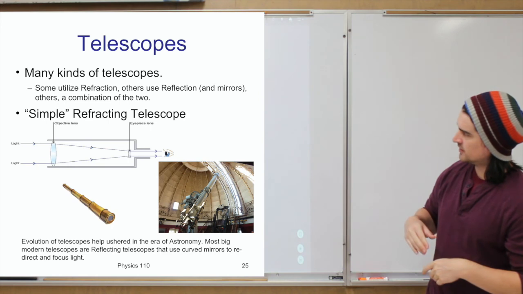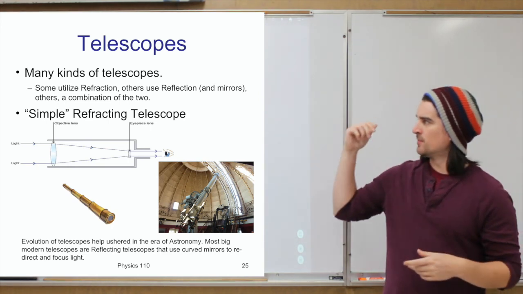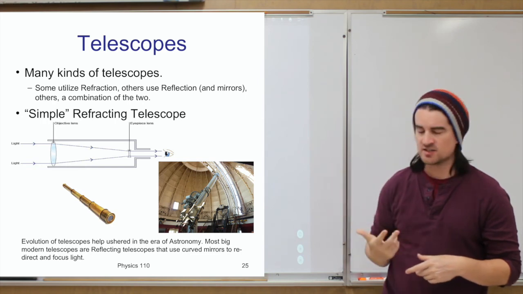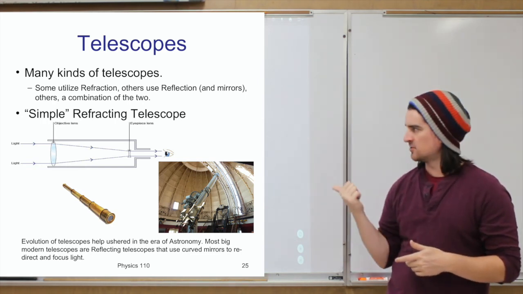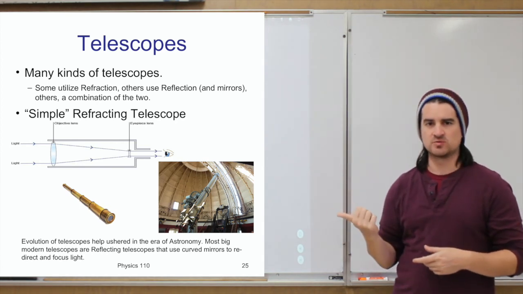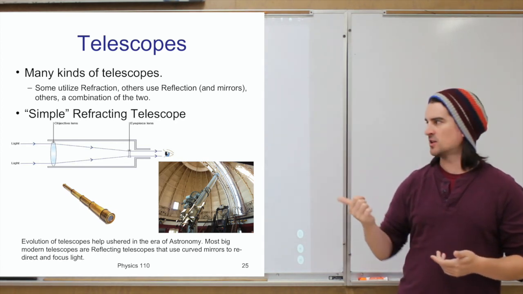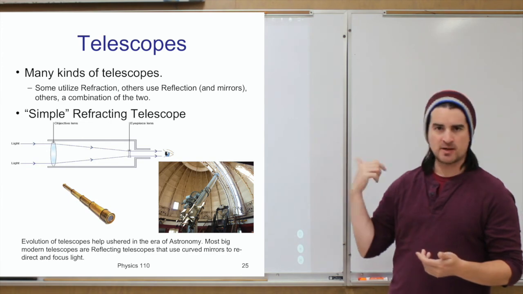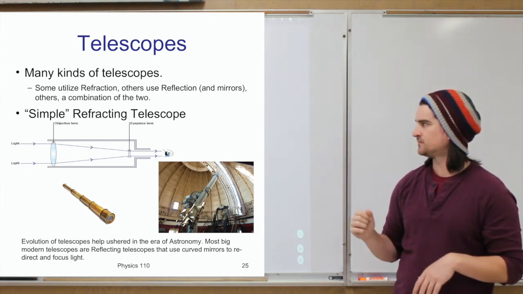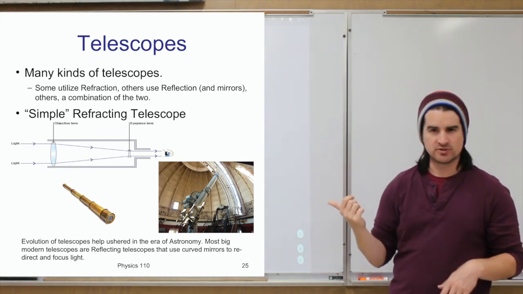So, like I mentioned at the beginning, there are many kinds of telescopes, this being the refracting one that we've talked about most here. There are also reflecting telescopes that, instead of using curved, transparent lenses that converge or diverge light as it passes through, use mirrors.